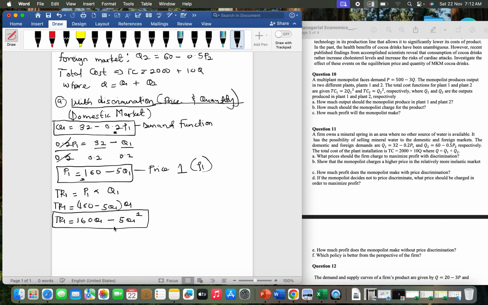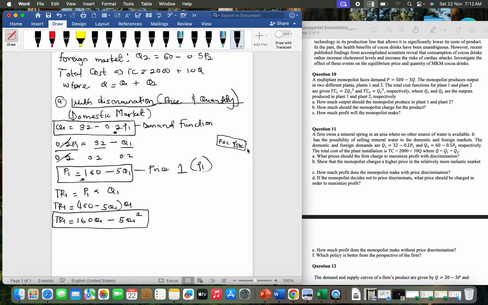So since I have total revenue 1, now take note, with this question, you can use either the first order condition or the second order condition. Remember this, we did it in optimization.